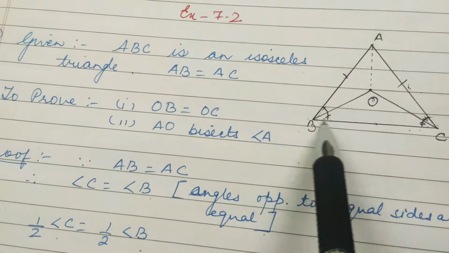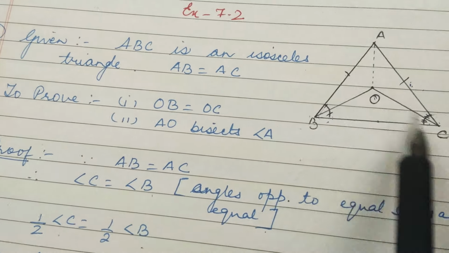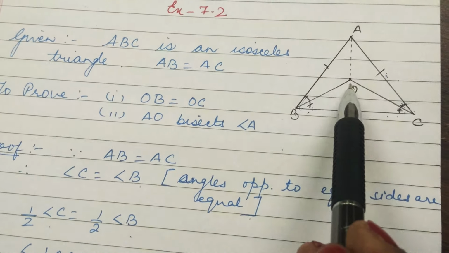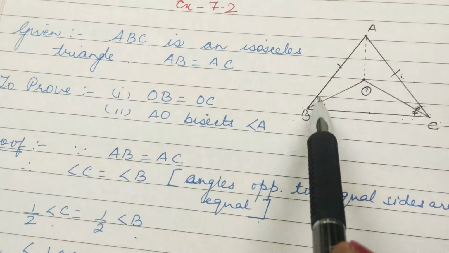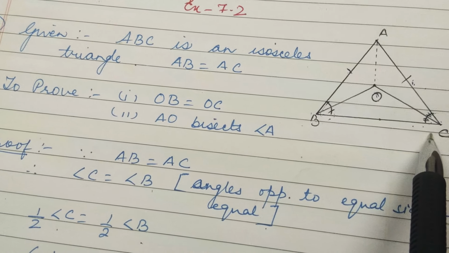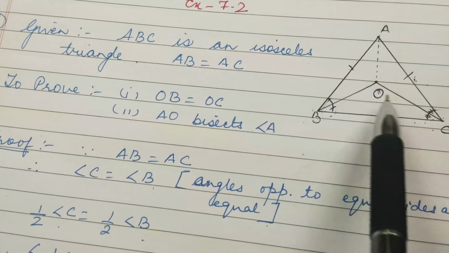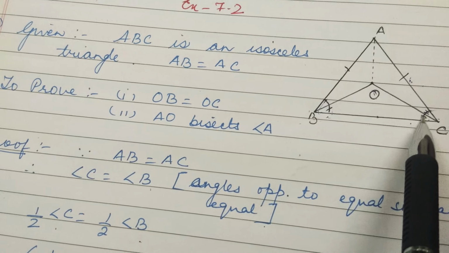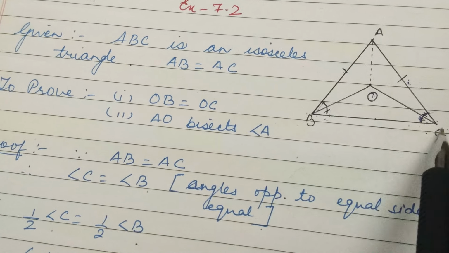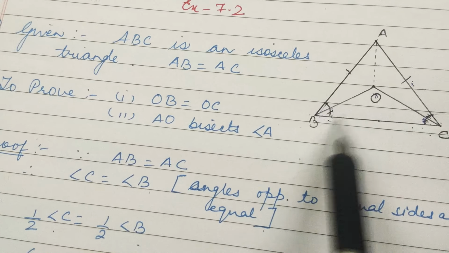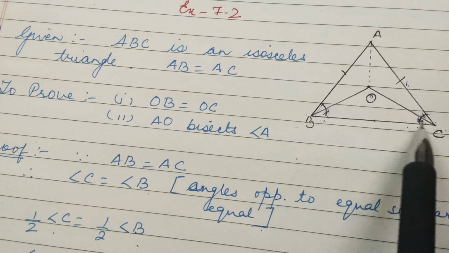Now we have seen that the bisectors of angle B and angle C meet at O. That means OB and OC are the bisectors of angle B and angle C. So angle BCO is equal to angle CBO, since they are half of angle C and half of angle B, which are equal.